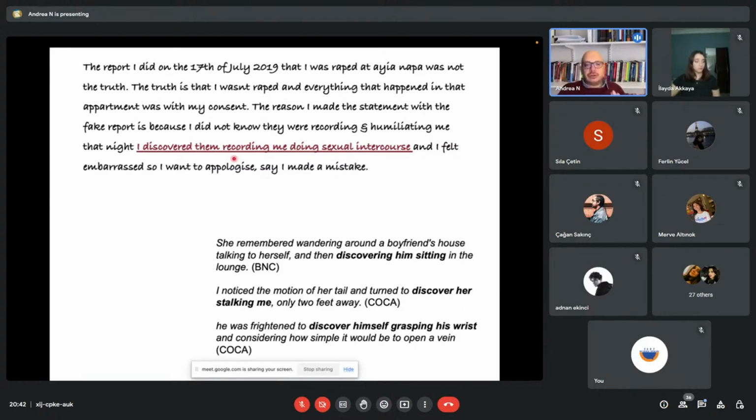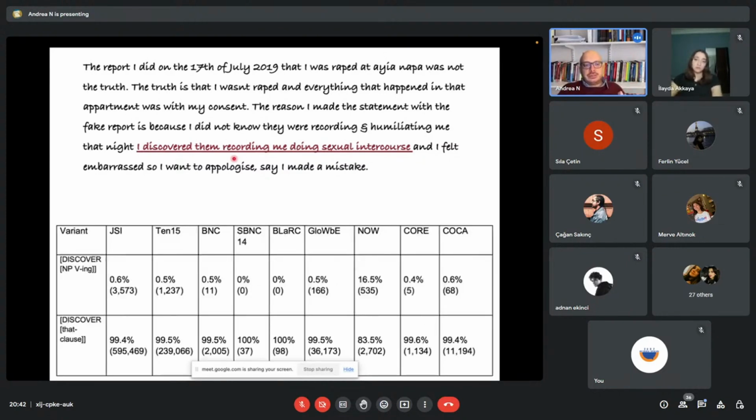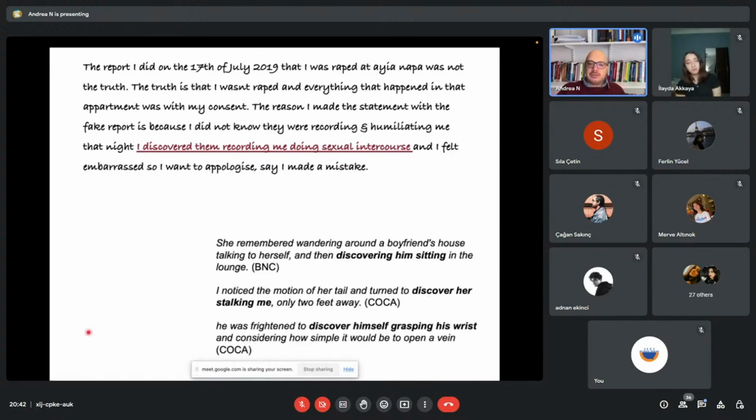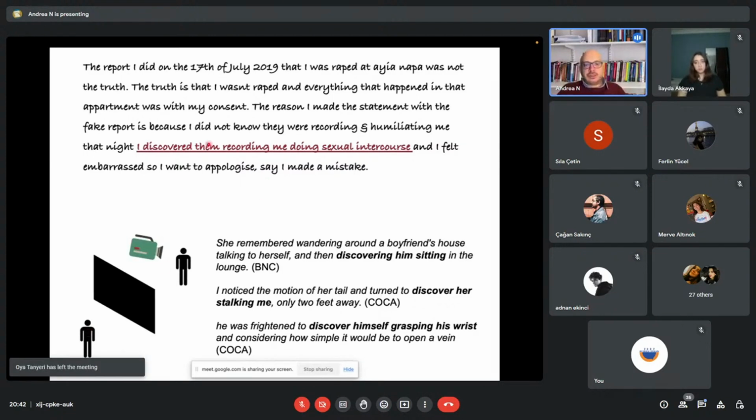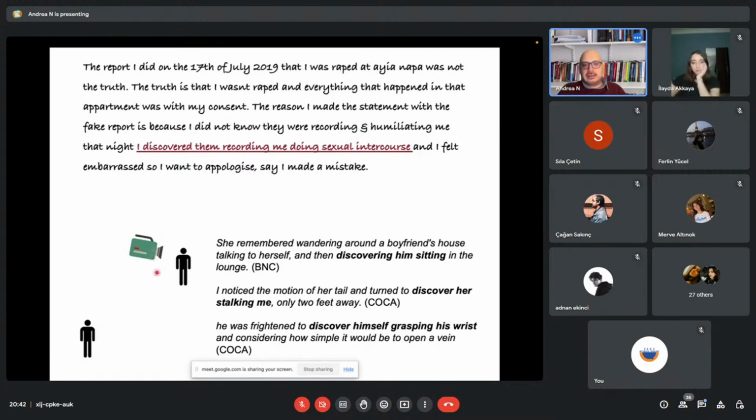So in other words, normally when you use discover that, it's something that you discover at a later point in time. But when you use discover with an ing clause, then the discovery and the action are happening at the same time. So what this sentence is saying here is that the discovery happened while the recording was happening.